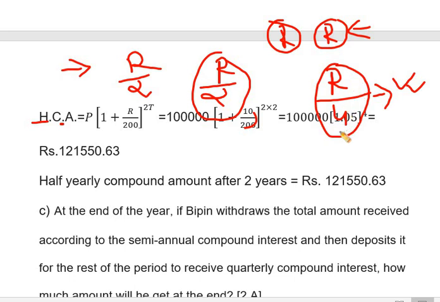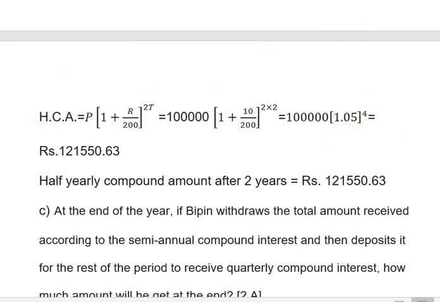Now it means our rate of interest is only for 3 months, or for the period of 6 months. If you don't divide it by any number, it is the rate of interest for the year.